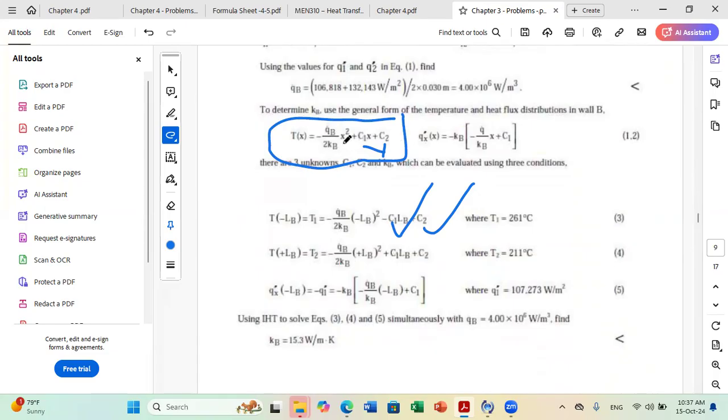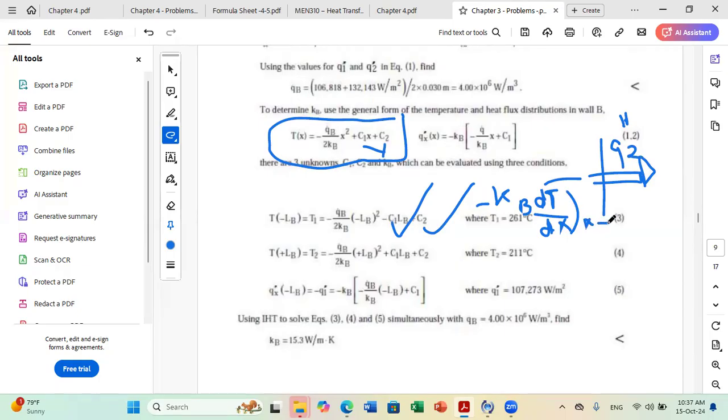Okay, now you can use that the heat flux leaving material B is equal to Q second 2, and equal at the same time to minus KB times dt by dx at x equal L. Now you can evaluate dt by dx at x equal L because you have the profile of temperature.